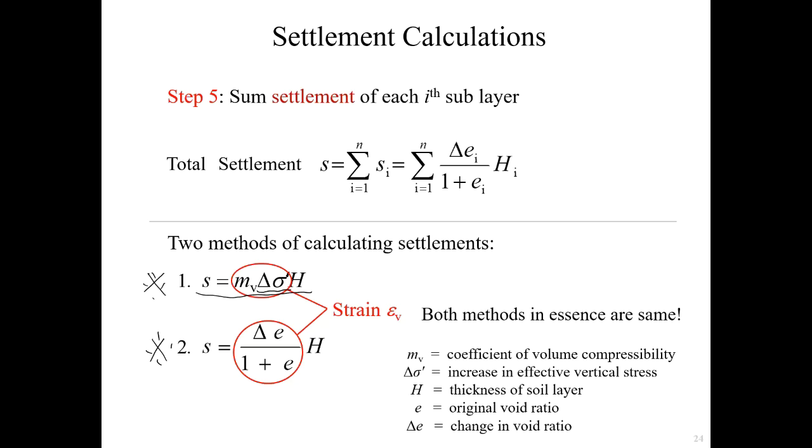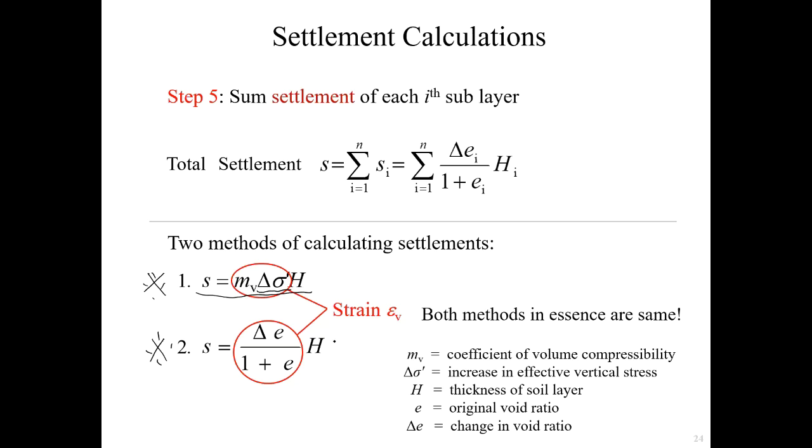Normally you have to work out the vertical effective stress increase for the two conditions: before you apply any stress or before any water table change, and after you apply some stress or after the water table changes. And normally the MV will be provided, and H again is the soil layer height.